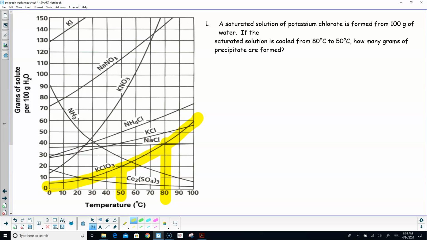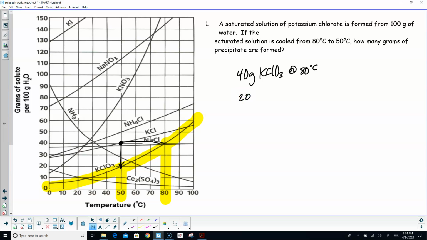So essentially what we're looking at here is, in 100 grams of water at 80 Celsius, it looks like it'll dissolve 40 grams of KClO3. But then if we cool it down to 50, we're still up here at 40, but it looks like it can only hold 20.